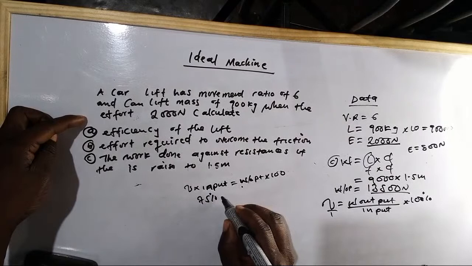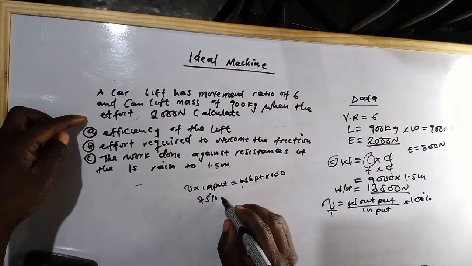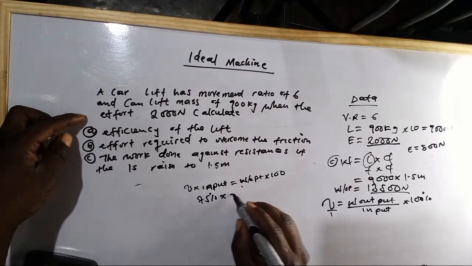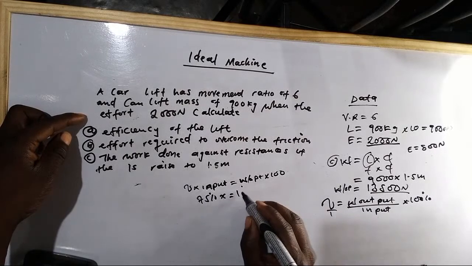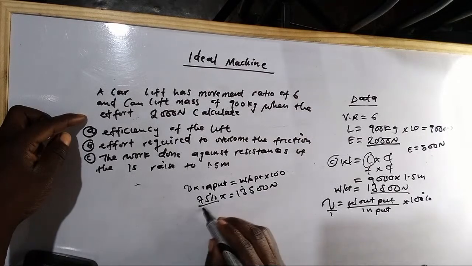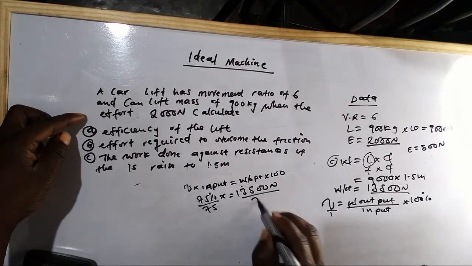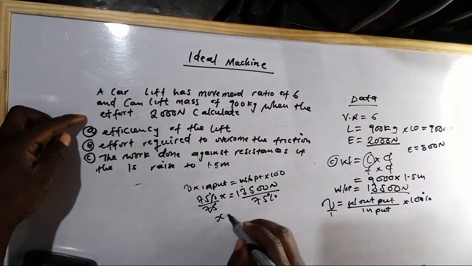Then let's denote work input as X, because we're finding work input, which should be equal to 13,500 Newton divided by 75%.